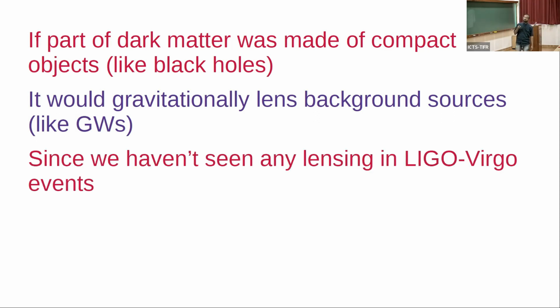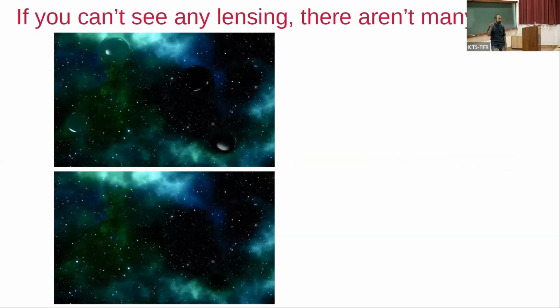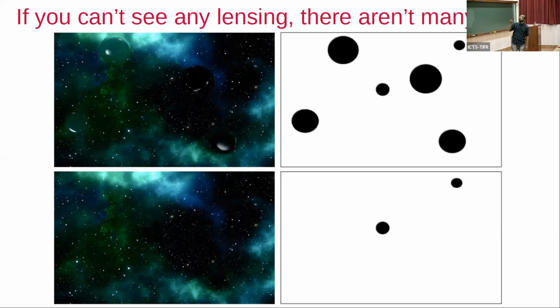And since we haven't seen any lensing in LIGO-Virgo events so far, we can constrain the fraction of dark matter in the form of these objects. So in a childish way, you could just say, if you can't see these signatures in the sky, then there can't be that many lenses. So that's the basic idea.